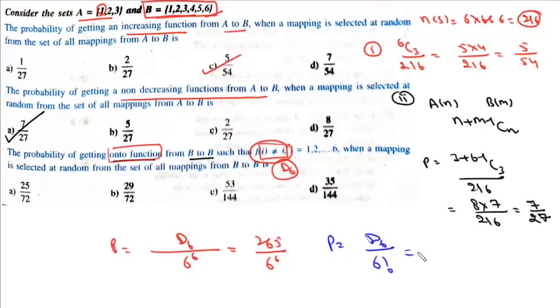So, if we take D6, which is 265 upon factorial 6, we'll get this result as 53 upon 144 and that's your option C. But the way the question is given, it should be 265 upon 6 to the power 6.